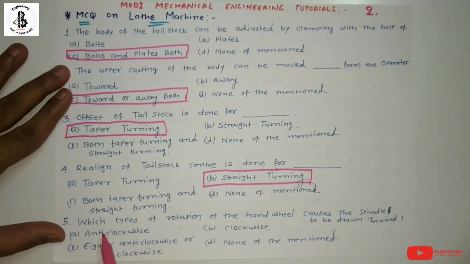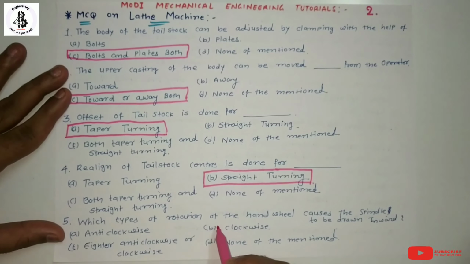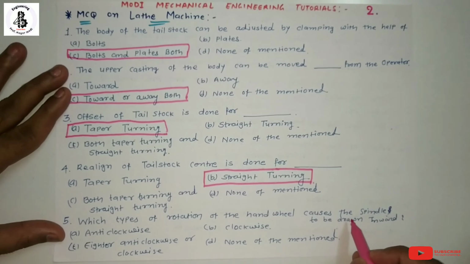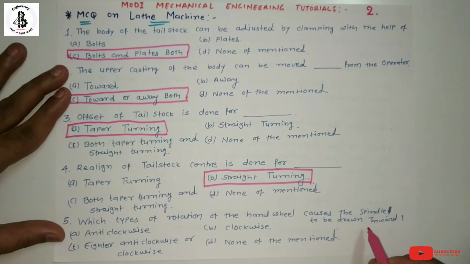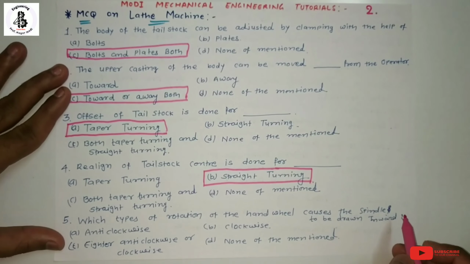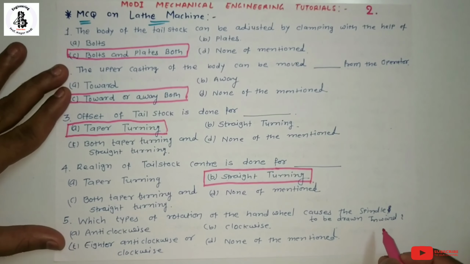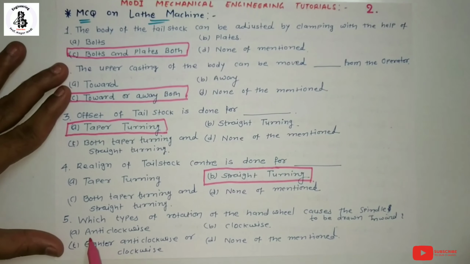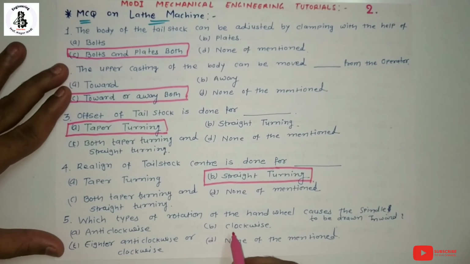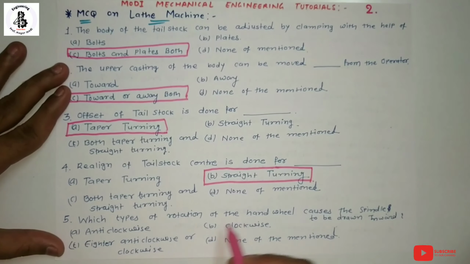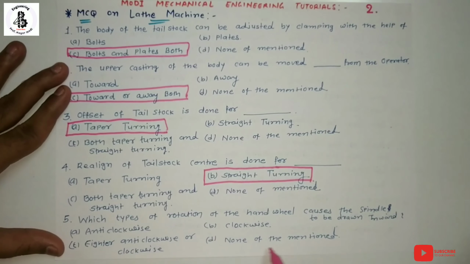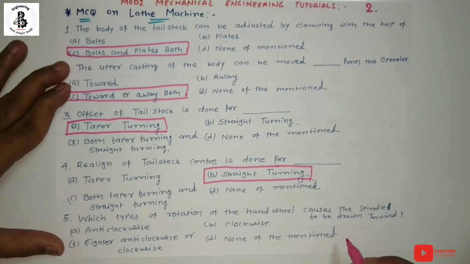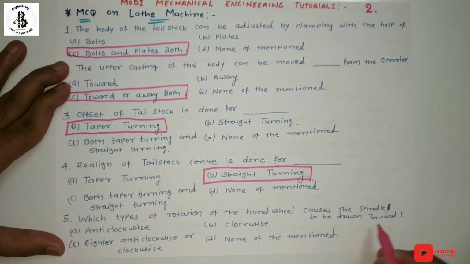Question 5. Which type of rotation of the handwheel causes the spindle to be drawn inward? So basically, for inward movement of the spindle with the rotation of the handwheel, which kind of rotation is required? Option A, anti-clockwise, option B, clockwise, option C, either anti-clockwise or clockwise, and none of the mentions. The important part is drawn inward.